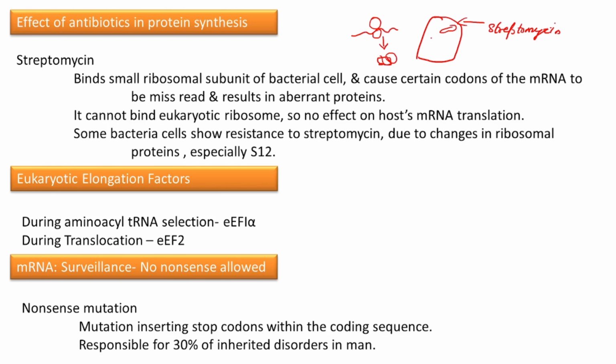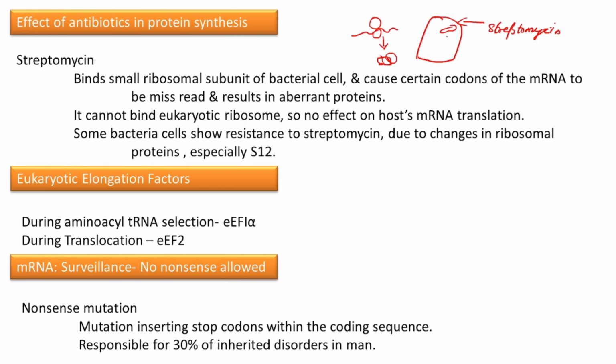At this juncture, it is genuine to have such a doubt: why can't streptomycin affect the host ribosome also? No, streptomycin will not affect the host ribosome. That host cell's ribosome is not affected by streptomycin. Because of that, it can remain intact.